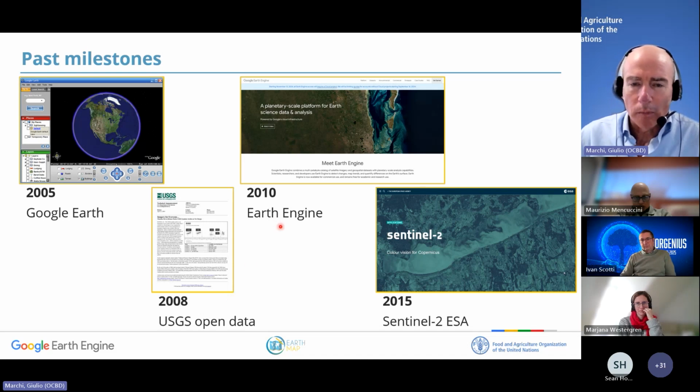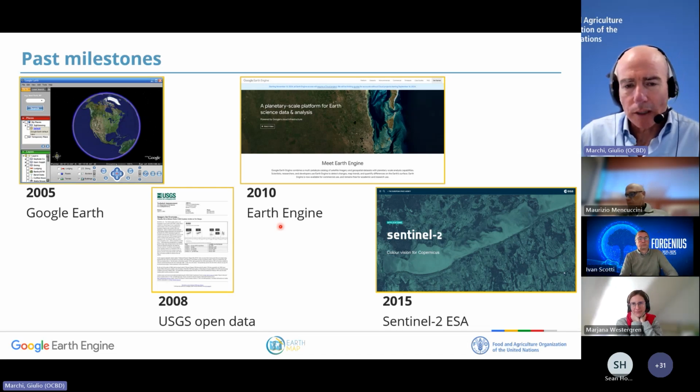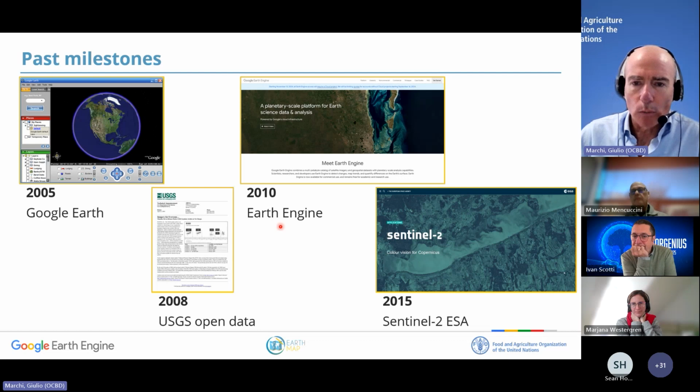That is where Google in 2010 approximately started with the Earth Engine portal, in which they not only made available the full Landsat archive, MODIS, and several other images and sensors, but also coupled this huge bucket of data with a cloud computer that was available for everyone out there with a connection and a browser.